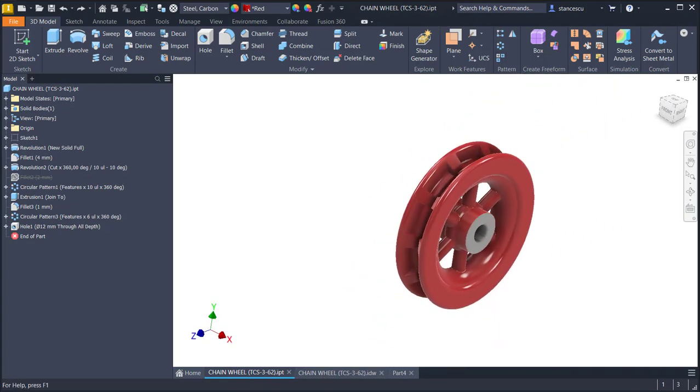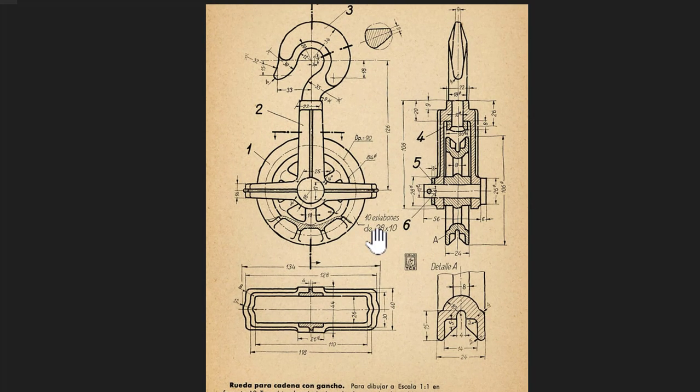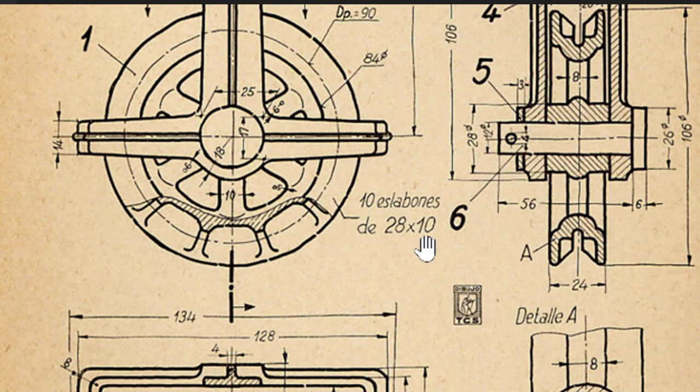In this drawing we have a mention here 10 eslabones. What means this? I suppose it's about these cuts, which must be 10 of them.